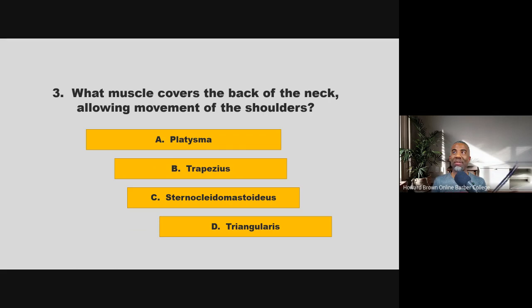What muscle covers the back of the neck, allowing movement of the shoulders? Is it platysma, trapezius, sternocleidomastoideus, or triangularis? If you chose B, trapezius, you are correct.